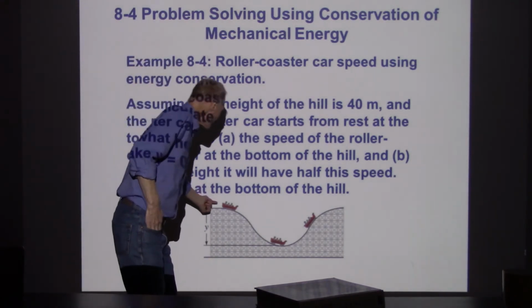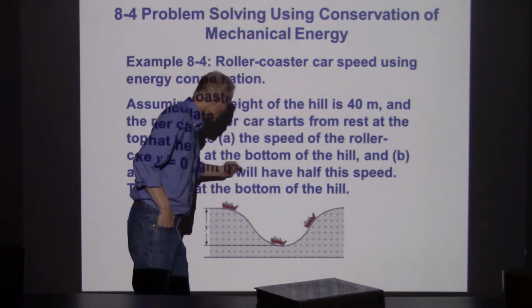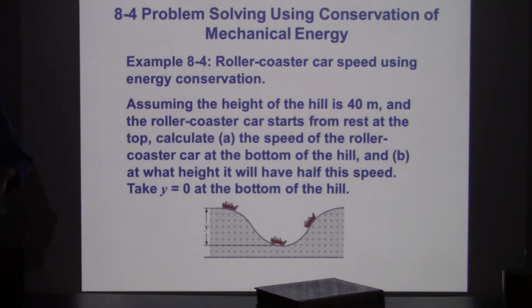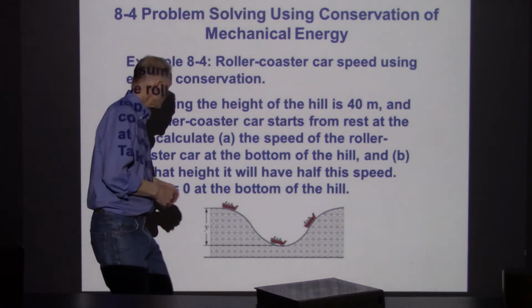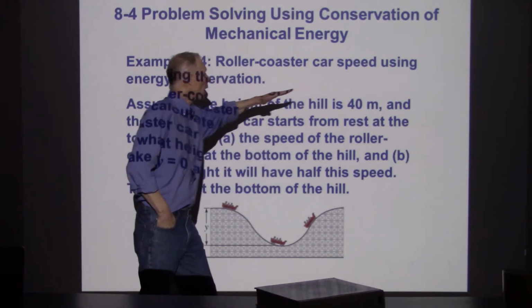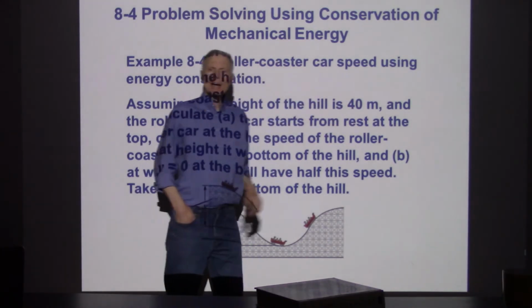If we drop this gradually versus dropping it very steeply, dropping it gradually will result in the frictional forces playing a bigger role. But if I make the assumption that the frictional forces are going to be small, everything's really well lubricated, and the air resistance is going to be small, it turns out the details of this don't matter. All I need to know is the height.